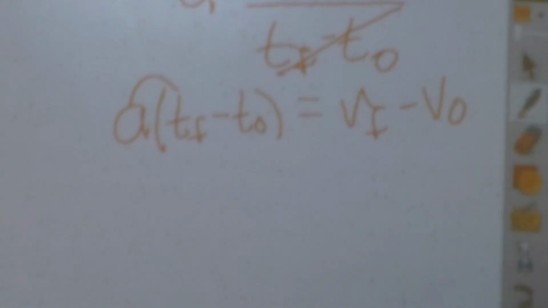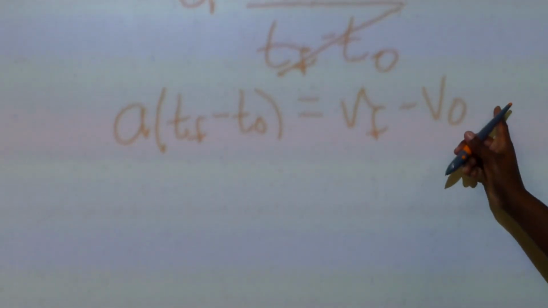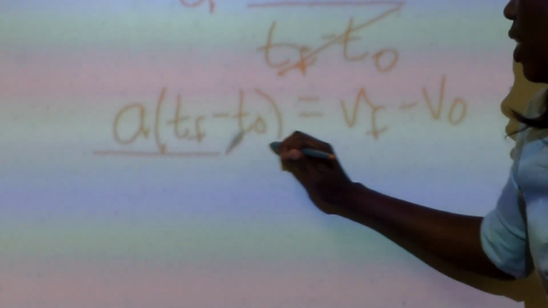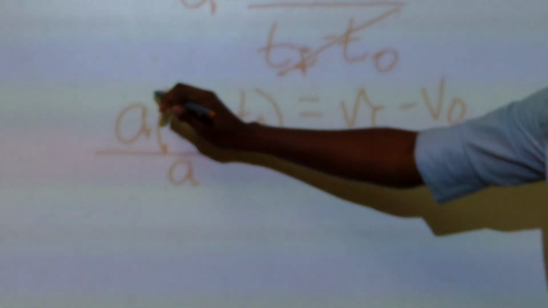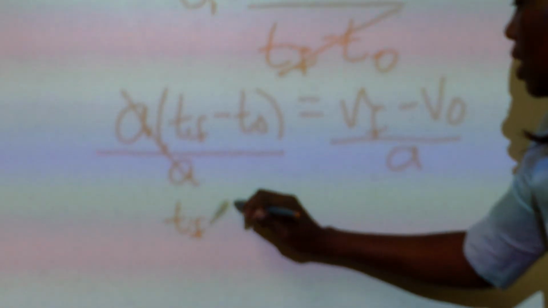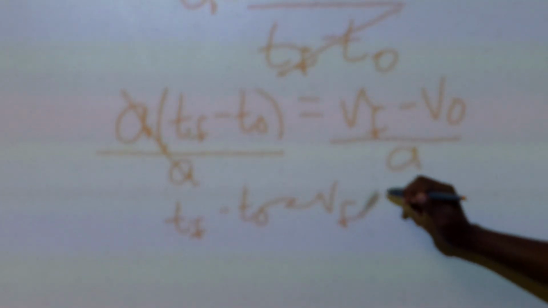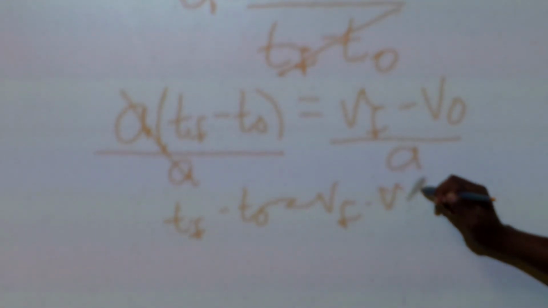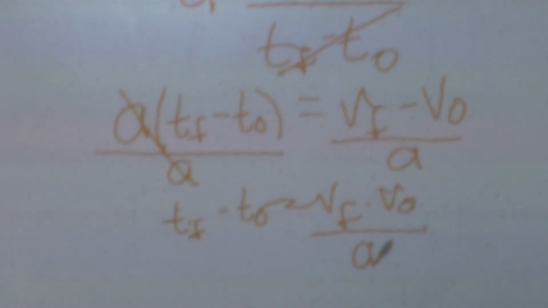I'm not gonna distribute. Because we can move this A on over here by doing what to both sides? Division. Divide it apart. We can divide both sides by A. And so now we're left with T sub F minus T sub O equals V sub F minus V sub O all over A.